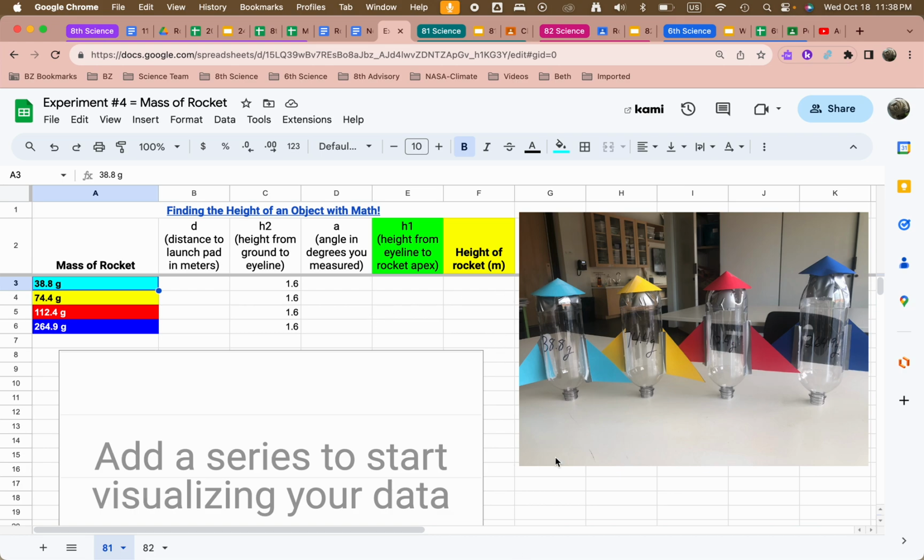And I will be extra impressed with your big, big brains if you can reference Newton's second law, force equals mass times acceleration, in your explanation of why. So again, send me an email with which rocket you think is going to go the highest and why.